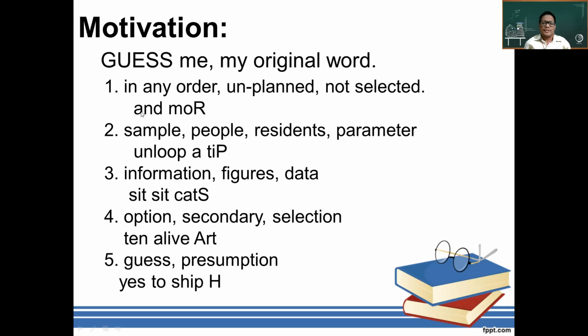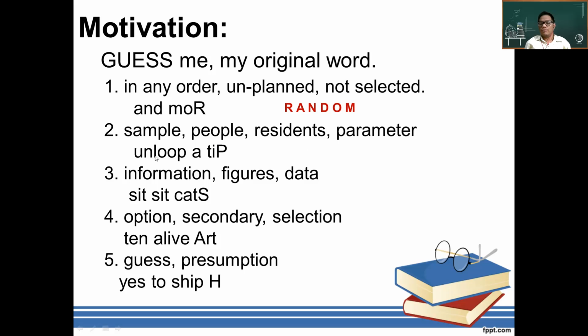The scrambled letters are ANDMO, and it starts with letter R. So can anybody guess? Yes, Jean? Random, correct.